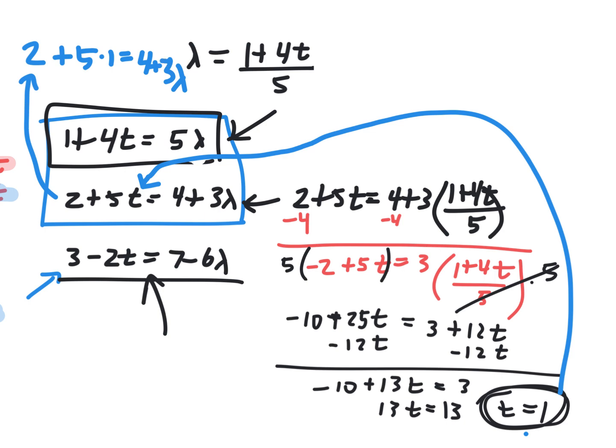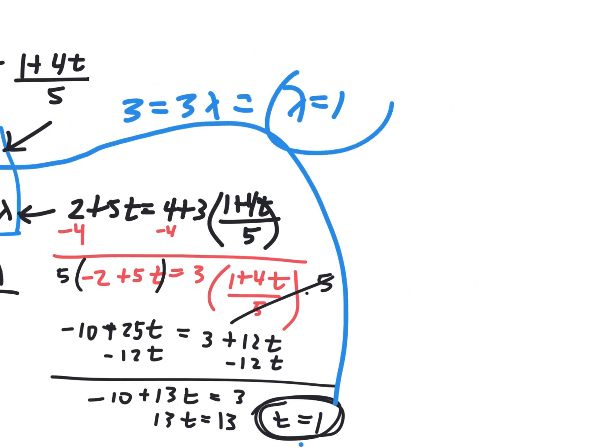And that means 7 equals 4 plus 3 lambda. Subtract 4 from both sides. Positive 3 equals 3 lambda. Lambda equals 1 also.